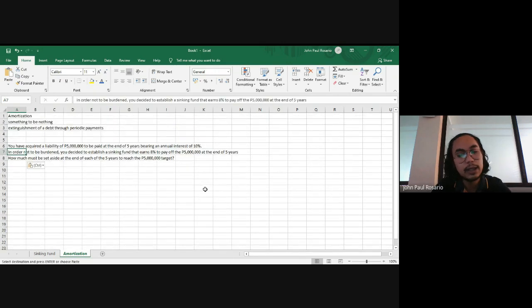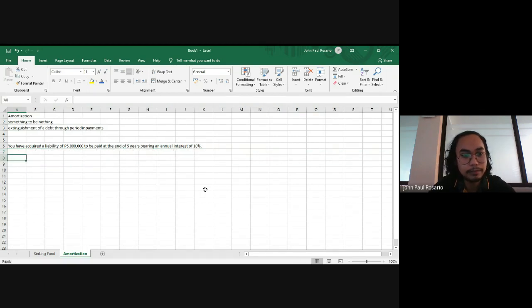This is not amortization per se, but this is interest paid periodically. So it's a payment of interest table, which will look different from an amortization table. So let's construct our payment of interest table first for this problem. This is not part of the problem. So construct the interest payment schedule.